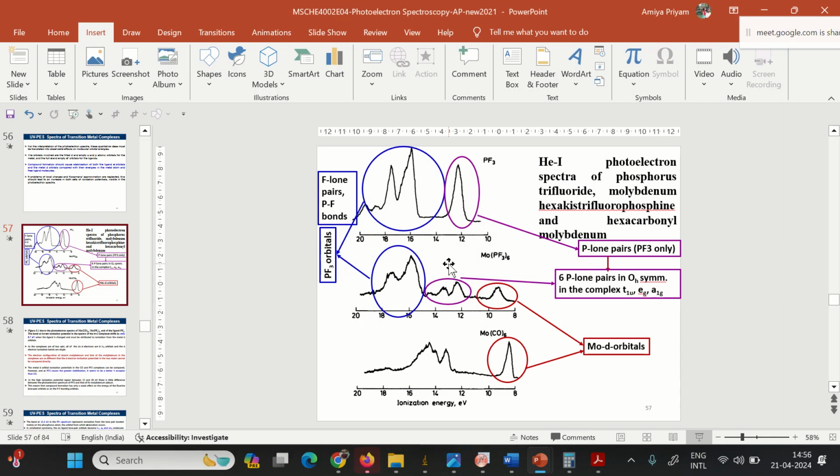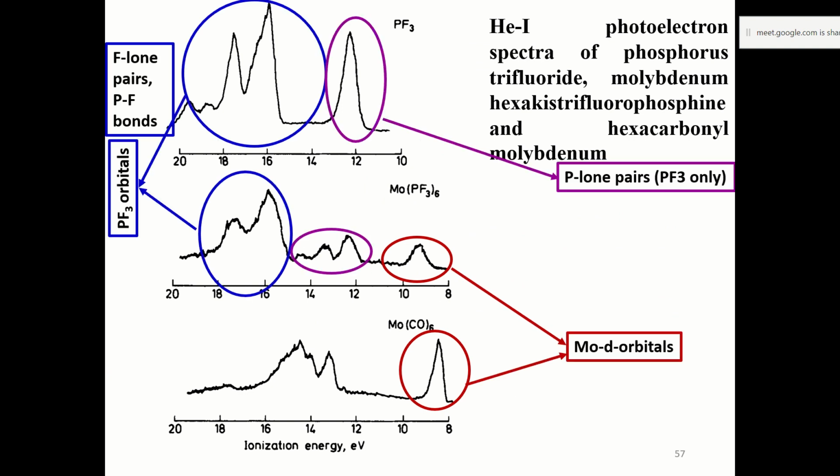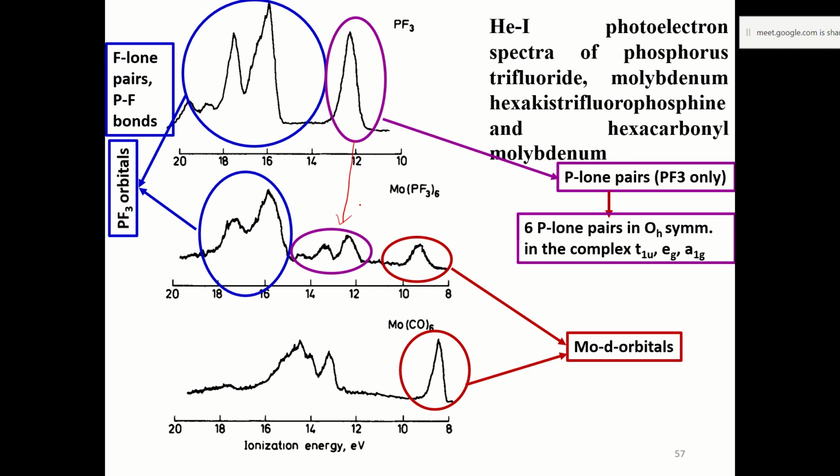So what we see here, once again, is that this one is getting stabilized by interaction with the P lone pair orbitals, which are getting stabilized by interaction with the d, p and s orbitals on molybdenum.